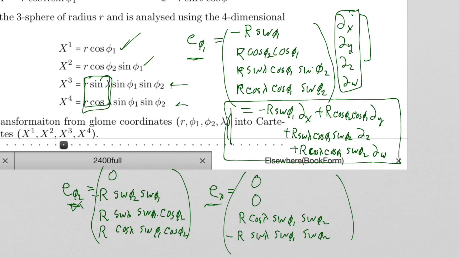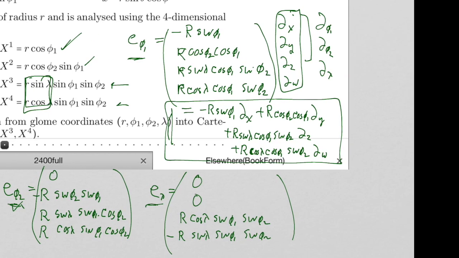And in that sense, my fundamental coordinate basis is going to be partial phi 1, partial phi 2, and partial lambda. And it's only three-dimensional. It's not four-dimensional. And these guys, partial phi 1, partial phi 2, and partial lambda, are connected to these guys through this relationship.